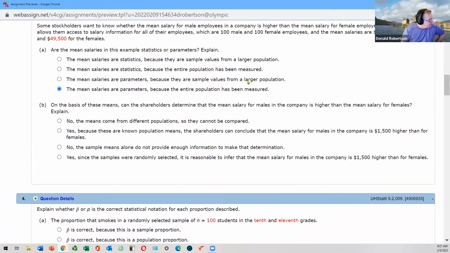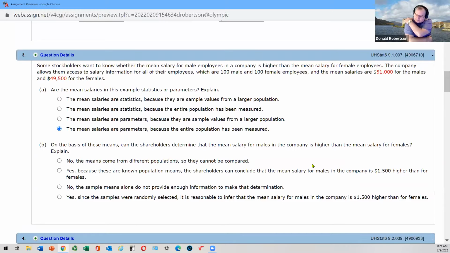Now, on the basis of this information, the difference between the males and females, can the shareholders determine the mean salary for males in the company is higher than the mean salary for the females? Right. And the answer is yes. They asked everybody, so it's true. Suppose they didn't do everybody.